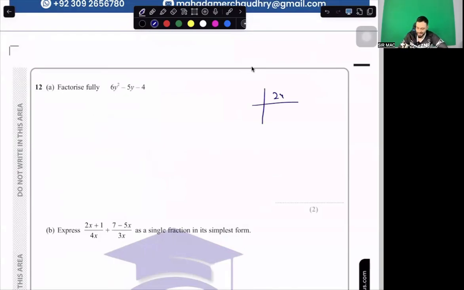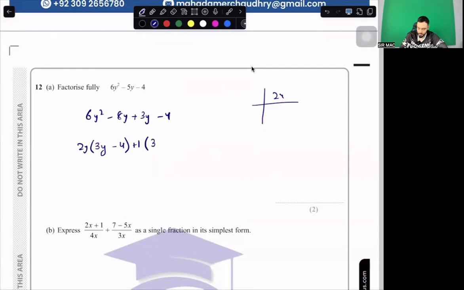Just give me 1 second, I'll solve it. 2y common, it's going to be 3y minus 4.